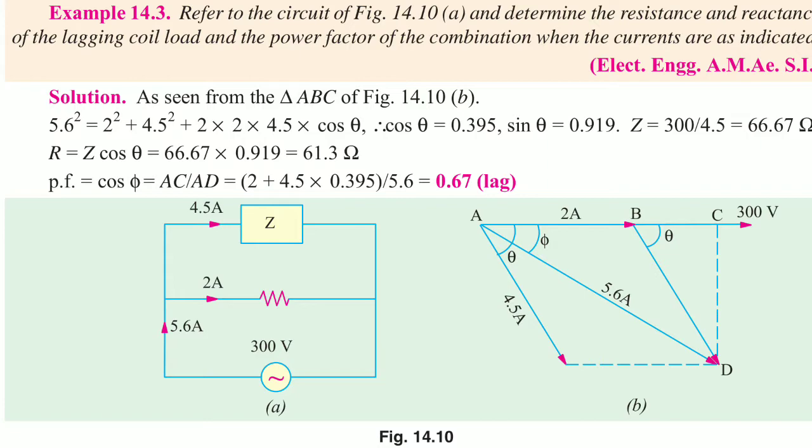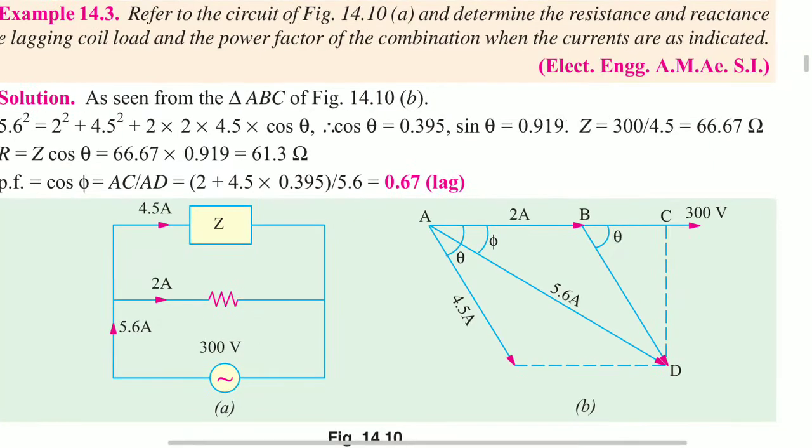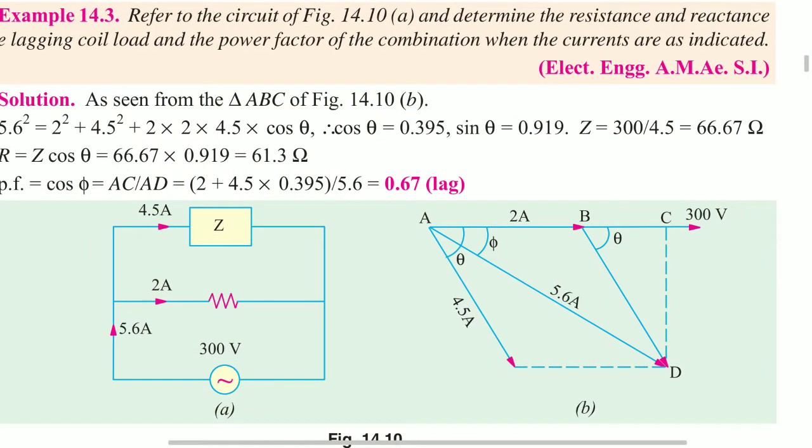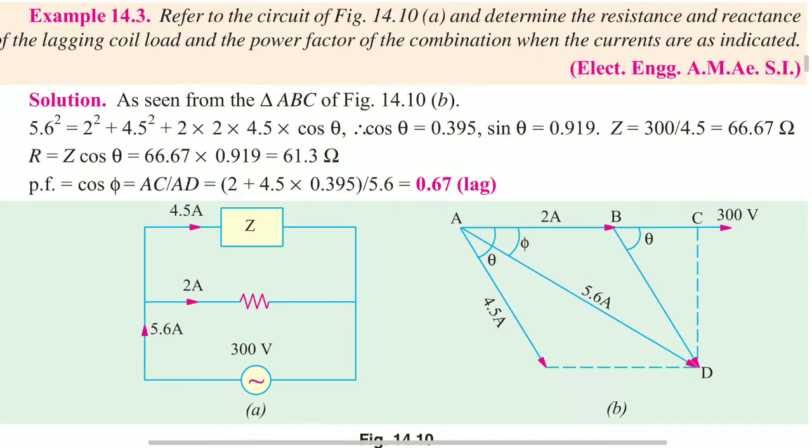So now here BD and BC and CD, observe this triangle. The current triangle has been given, as seen from the triangle ABC.